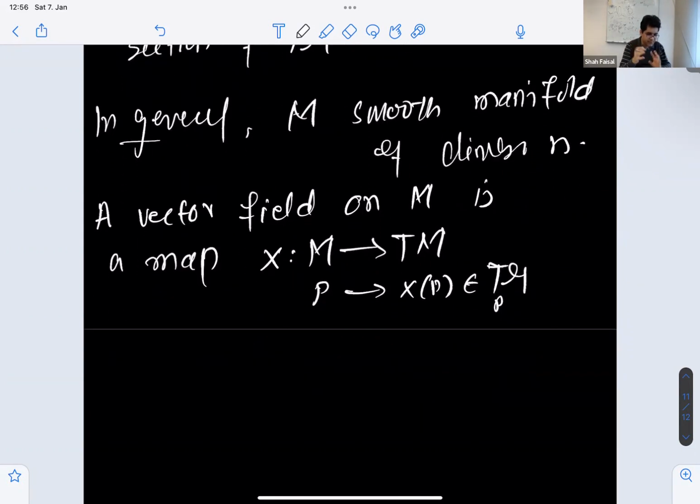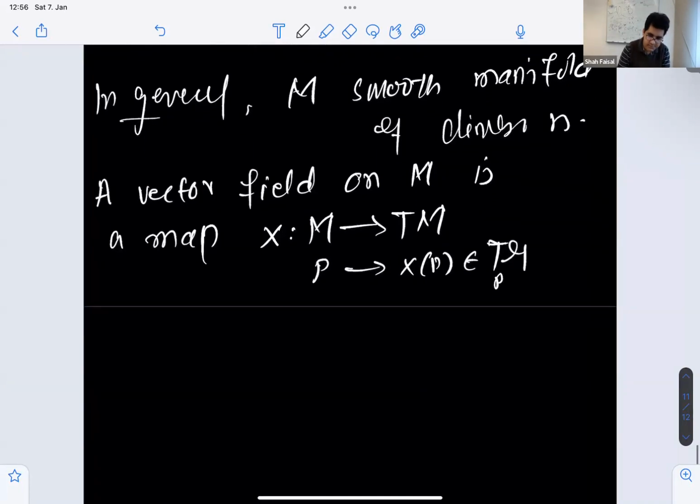Now you don't see how it looks like, because the manifold you cannot visualize, you can't visualize the vector field. And I denote something called sections of TM.